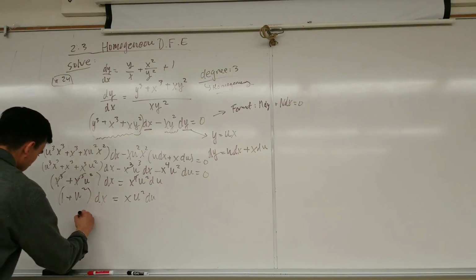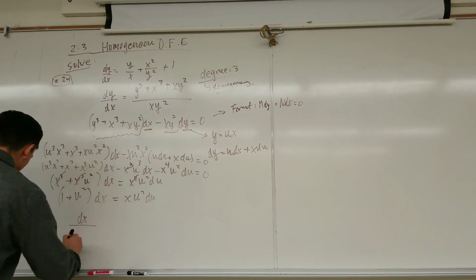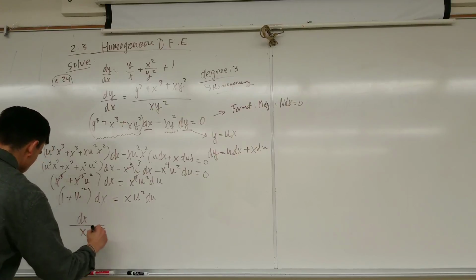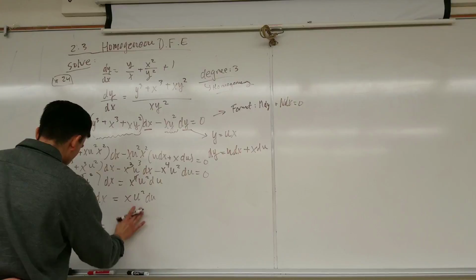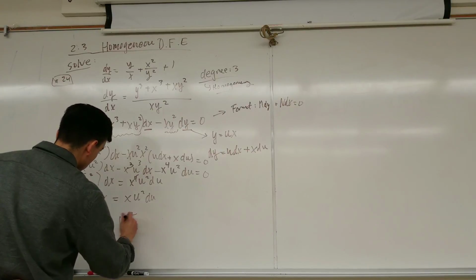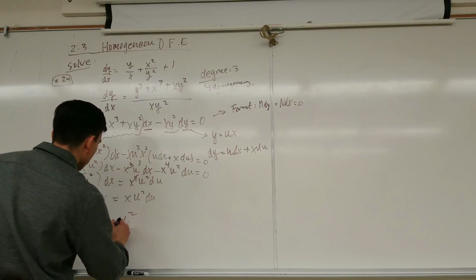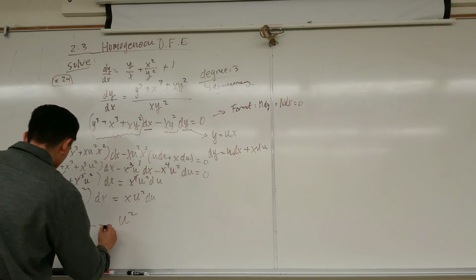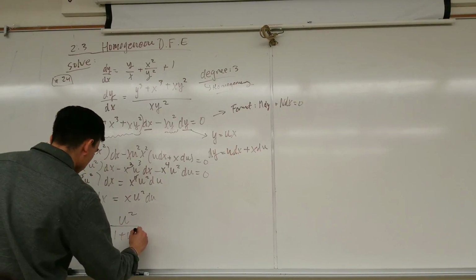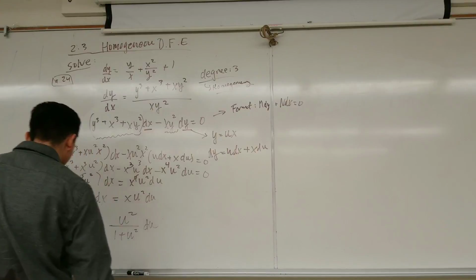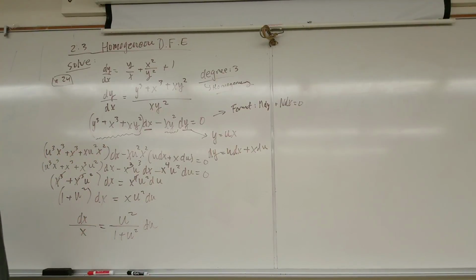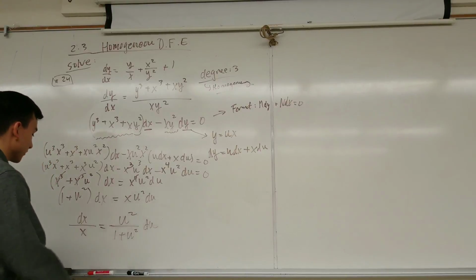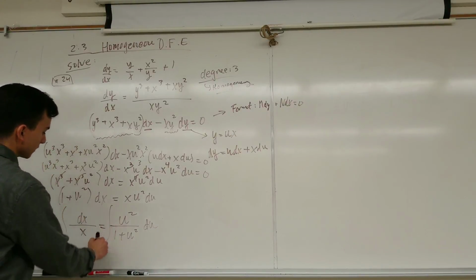When we do that, we're going to get dx over x being equal to u squared over 1 plus u squared du. And now we're going to integrate, right? Because that's our separable method.